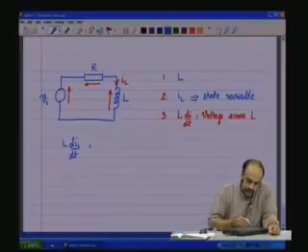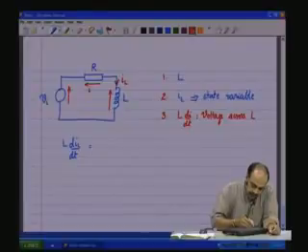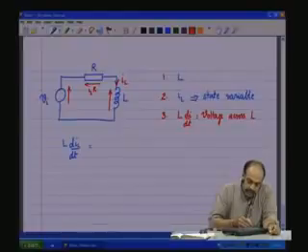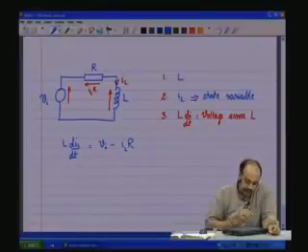Now what is the voltage across the inductor? One end is ground here, the circuit ground. The other end here is Vi minus the voltage across R. And we know the state variable IL is flowing through the whole of the circuit, and therefore the drop across this is nothing but IL into R. So, Vi minus IL into R is the voltage across the inductance.